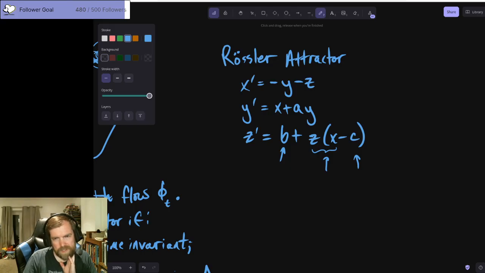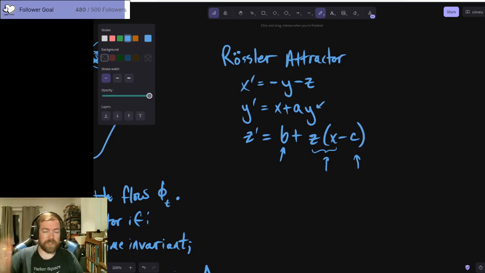Okay, so this is an interesting one because there's a lot of feedback which goes into it. If a is positive, this is going to be exponential growth again. But as y increases exponentially, it's also going to cause x prime to decrease and eventually become negative, which means that this is going to become negative, and it can grow possibly even more than exponentially.